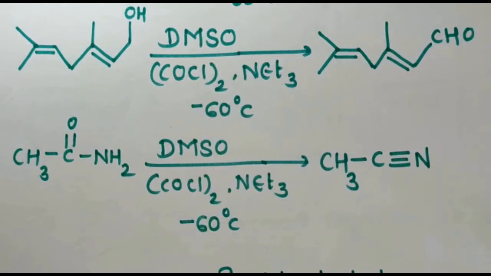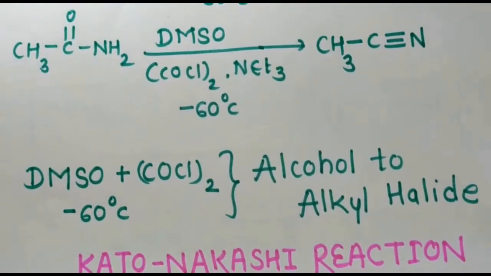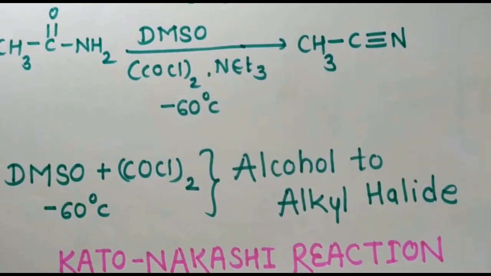Now the most important point: when dimethyl sulfoxide is present as well as oxalyl chloride, and the temperature is minus 60 degrees Celsius, the alcohol gets converted to the alkyl halide. Remember that the alcohol gets converted to the alkyl halide. Here the triethylamine is absent. So this reaction is known as the Kato-Nakashi reaction.